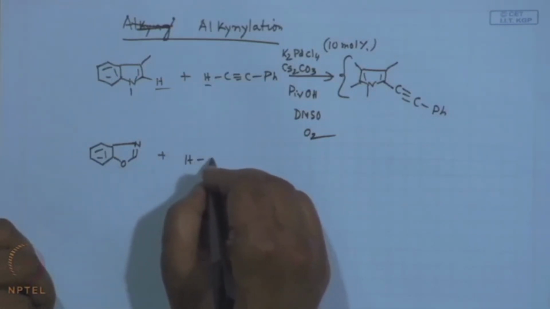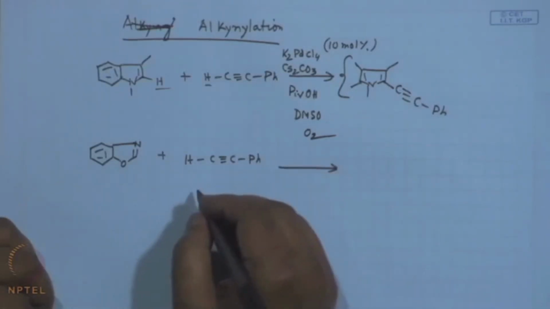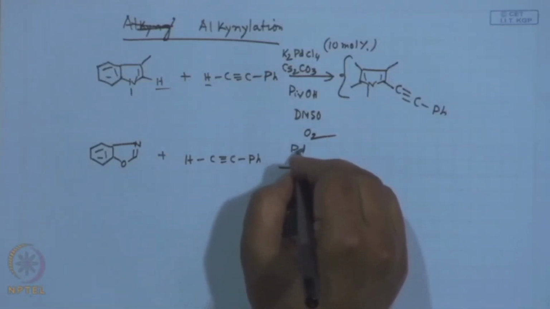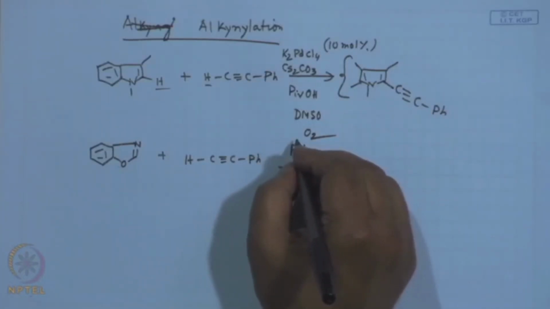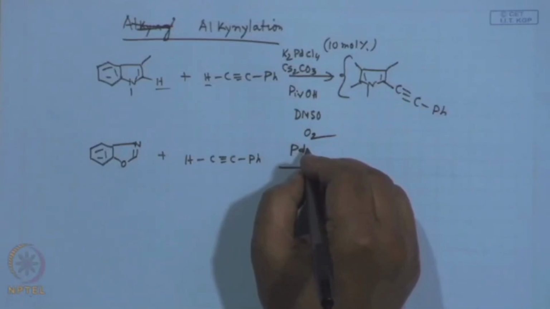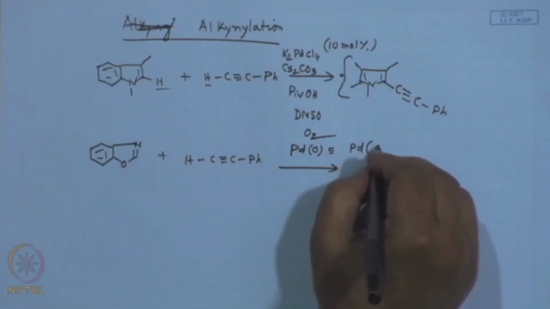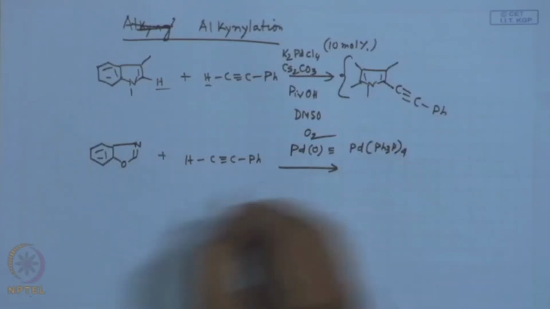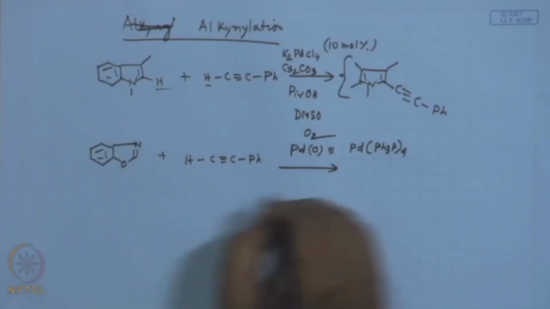Take again an alkyne. Here, there are so many people working on this. Basically, the fine tuning of these reaction conditions has to be done, and palladium 0 is used. So this is basically the tetrakis triphenylphosphine palladium complex, which is palladium 0, and toluene is the solvent.